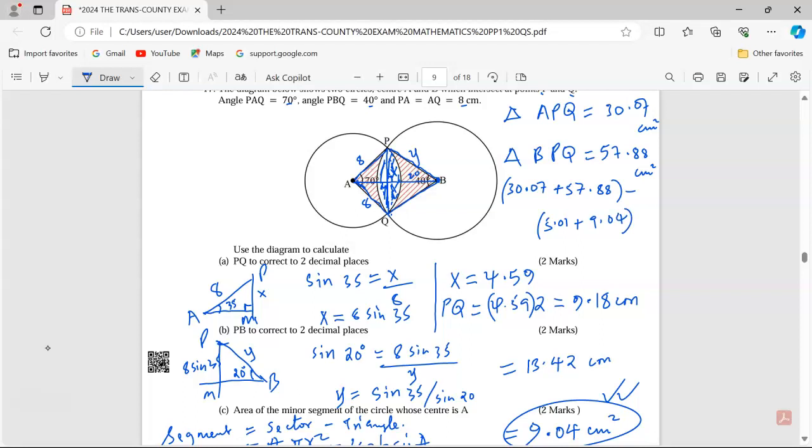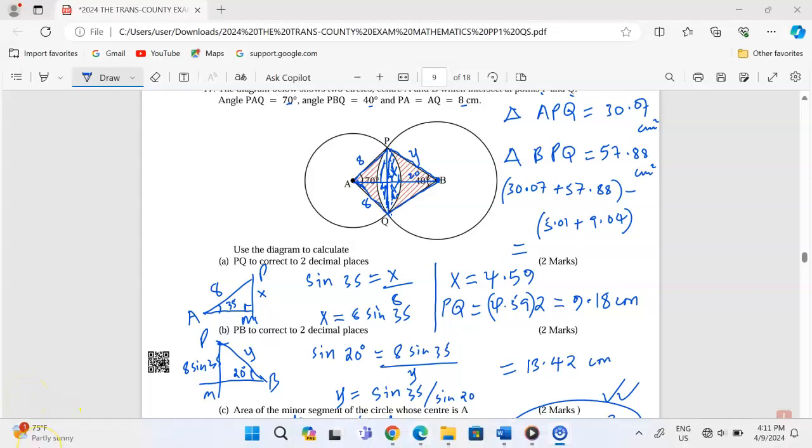Let me work it out once. 30.07 plus 57.88, then we subtract 14.05, which is when we add the two minor segments.